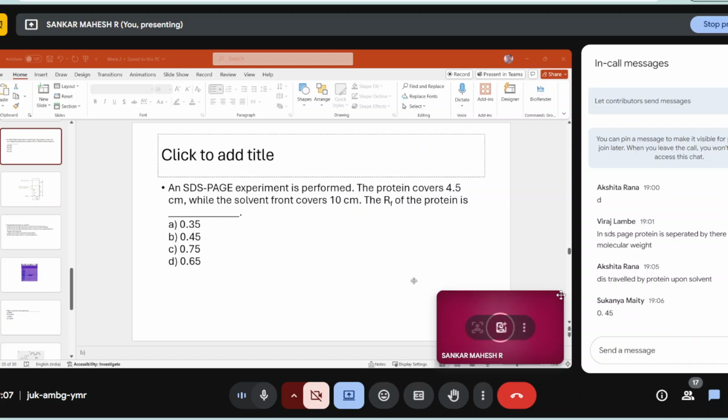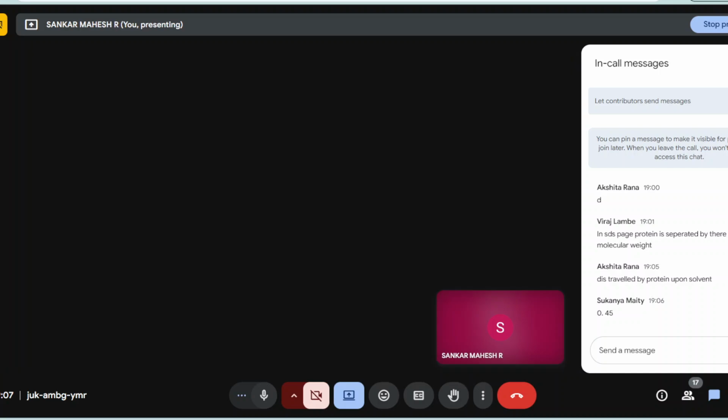Akshita has mentioned that it is the distance traveled by the protein upon the solvent. Okay, it's not the solvent, it's the solvent front. And in SDS-PAGE, we talk about the dye front. Can anyone recall what the dye front is? We had an earlier question on the same part. Here, we mentioned bromophenol blue.